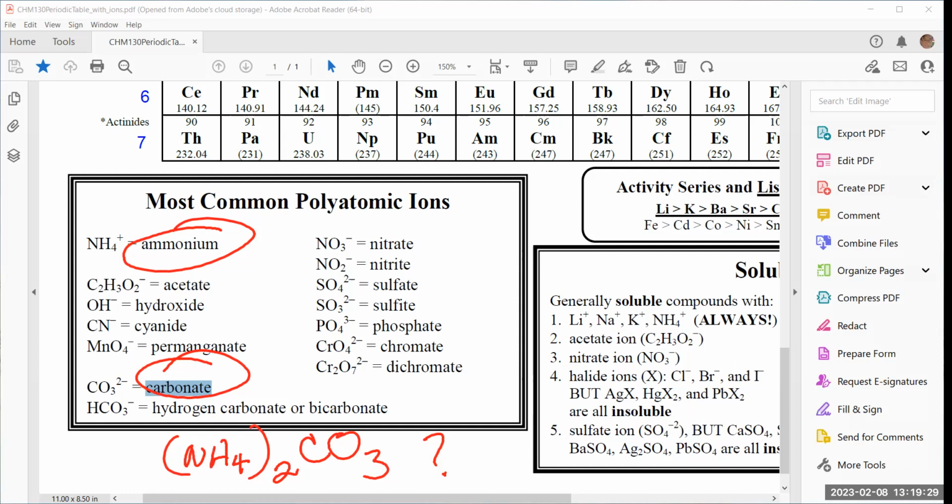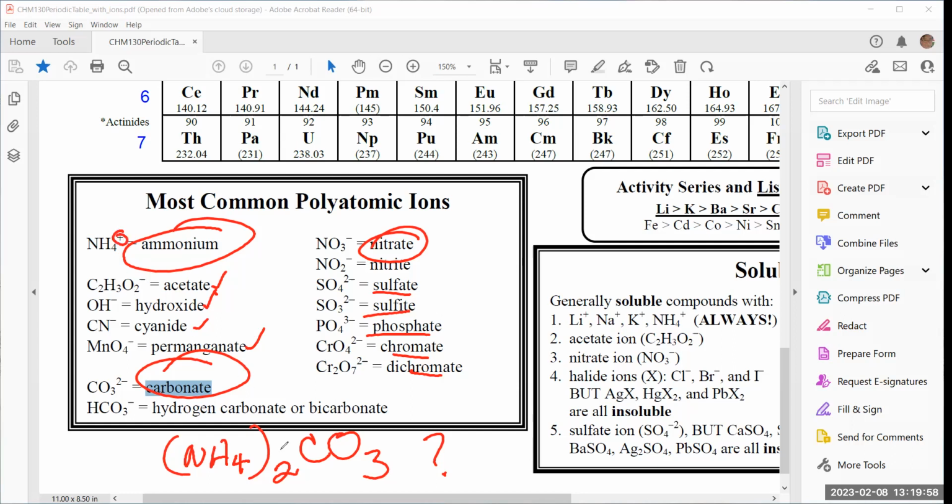See how, if I wasn't using carbonate, I could be using nitrate, and that would be ammonium nitrate, or nitrite, or sulfate, or sulfite, or phosphate, et cetera. So we're going to start building up your database of all the compounds. We do a mix and match, okay? I have the ammonium acetate, ammonium hydroxide, ammonium cyanide, ammonium permanganate, and we put the plus and the negative together.